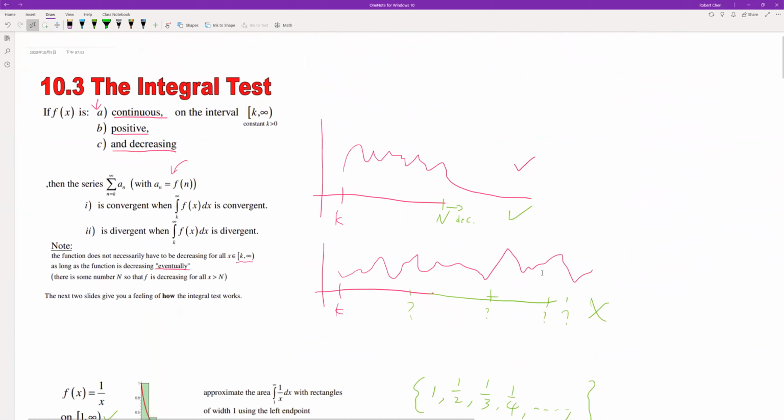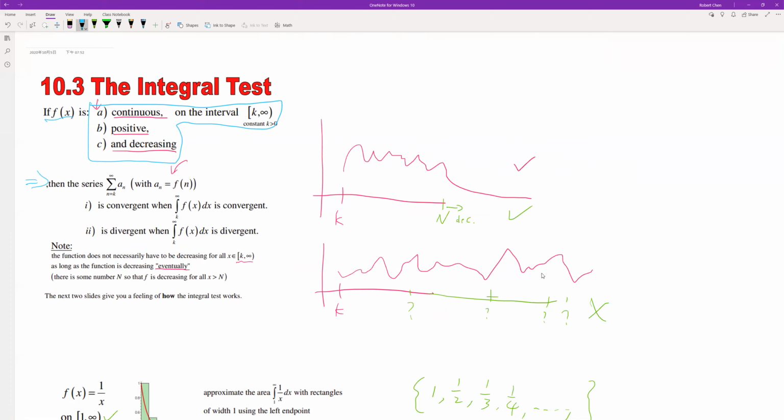These three conditions have to be true for the function in order for you to apply the integral test. Once you have checked that the function is continuous, positive, and decreasing in that interval, or eventually decreasing in that interval, then you can apply the integral test.